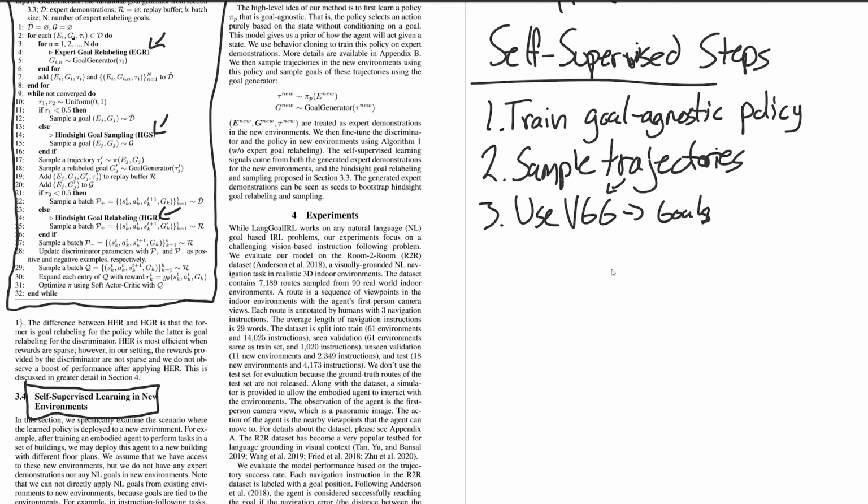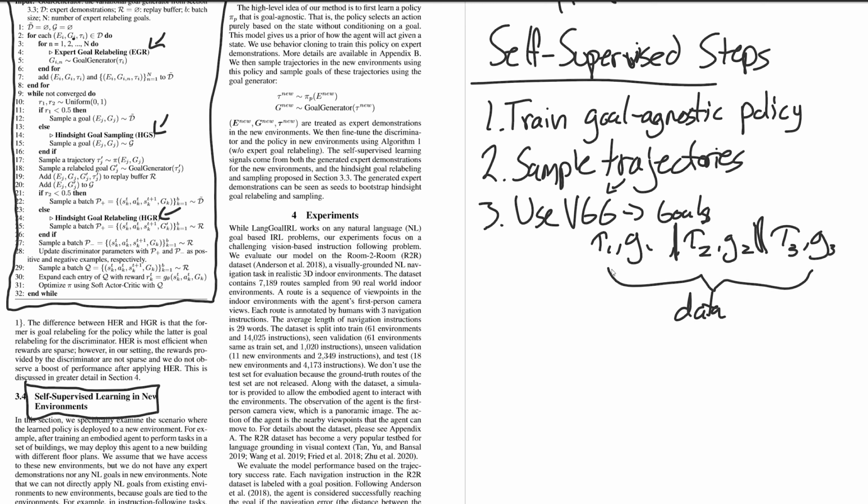So what we end up with is trajectory 1 and goal 1, and then trajectory 2 and goal 2. This maybe isn't the best way to write this, and we have, as it goes, all these things. And now once we have these, well, we've actually built a data set, right? This is our new data set of examples.